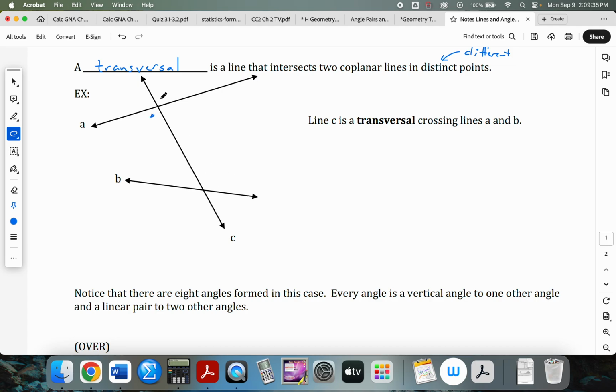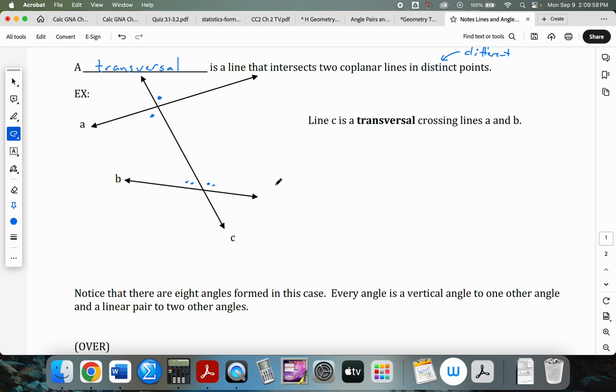So for example, here and here, what kind of angles are those? Those are vertical angles. And then down here, what kind of angles are these 2 angles? Pardon? Yeah, linear pair. They're a linear pair of angles.